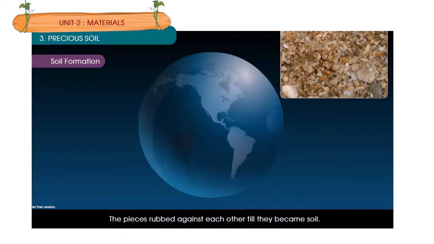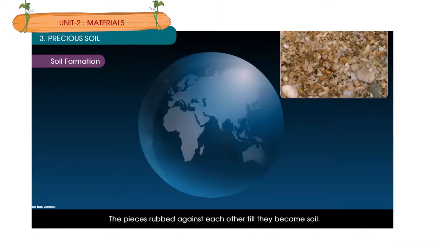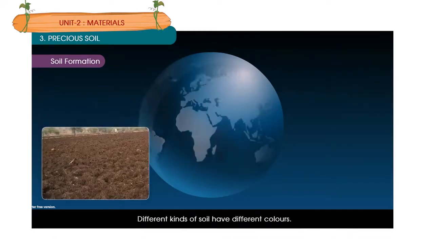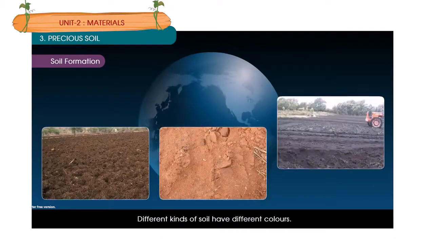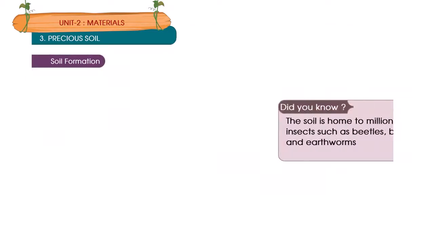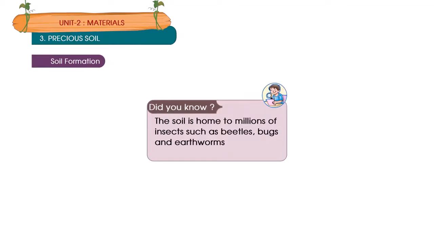The pieces rubbed against each other till they became soil. Different kinds of soil have different colors. Did you know? The soil is home to millions of insects such as beetles, bugs, and earthworms.